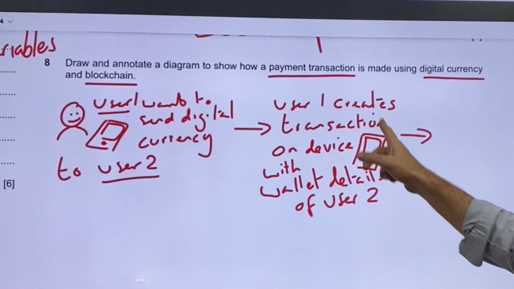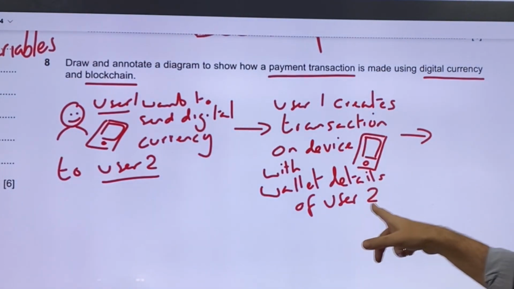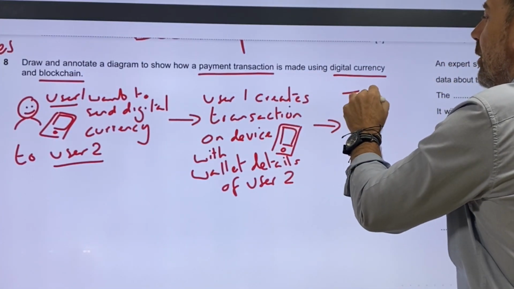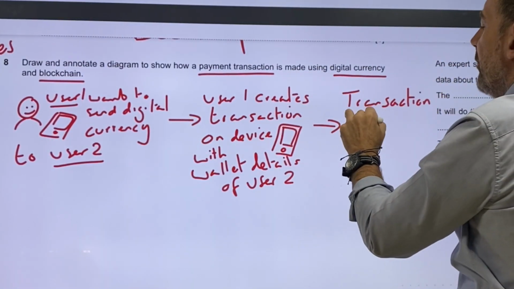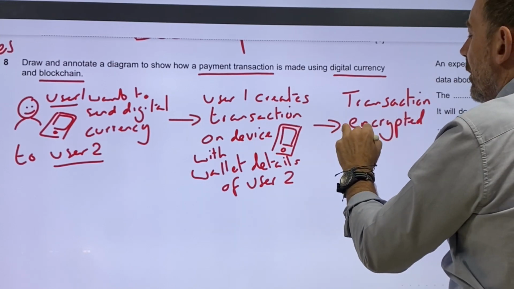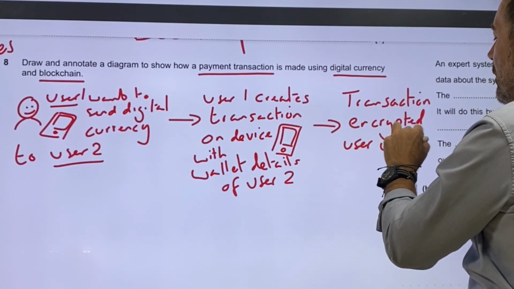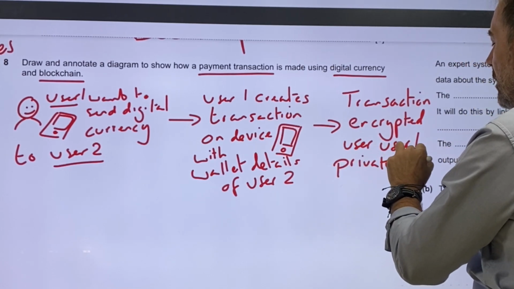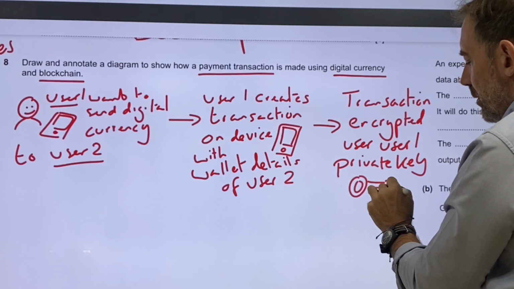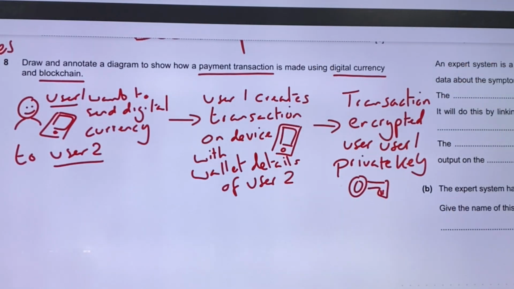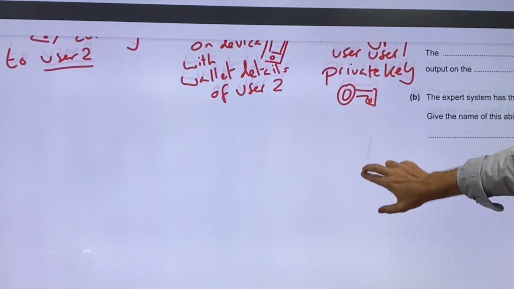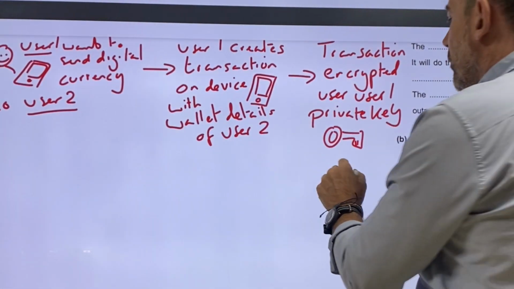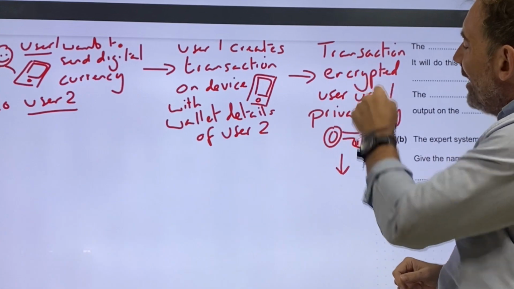User 1 creates transaction on device with wallet details of user 2. Transaction encrypted using user 1 private key. Okay, so that's the first part. How many marks is there? 4 marks.